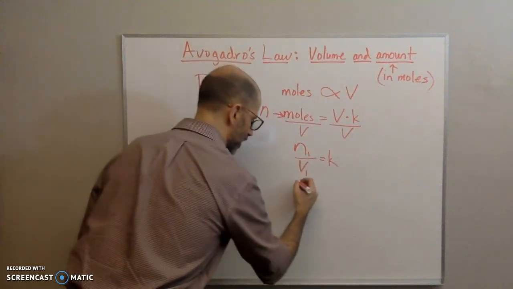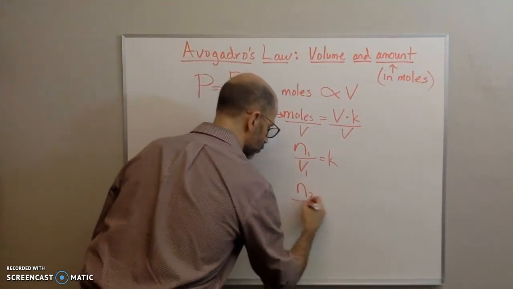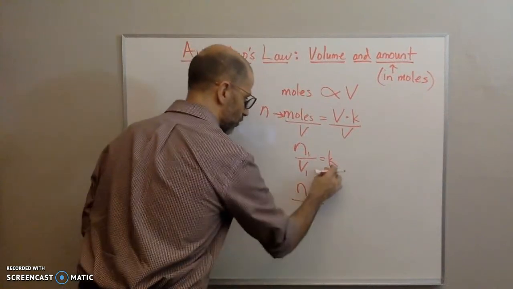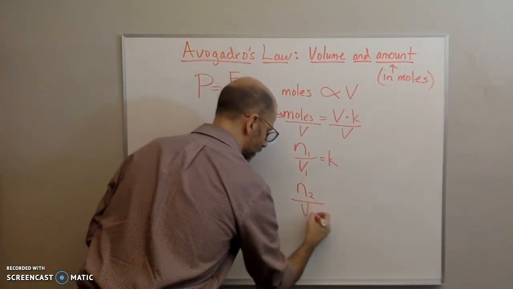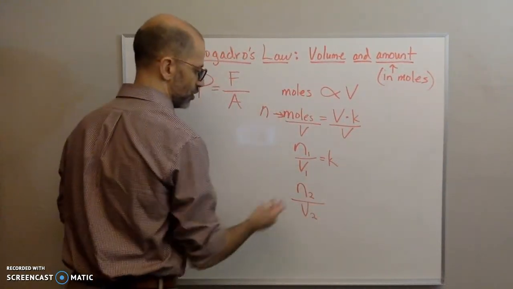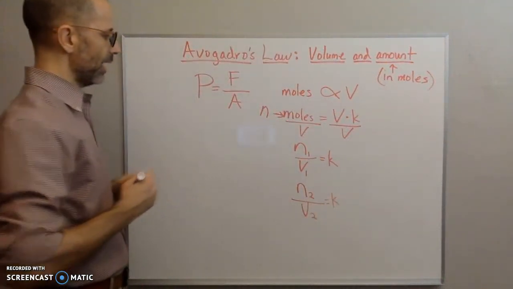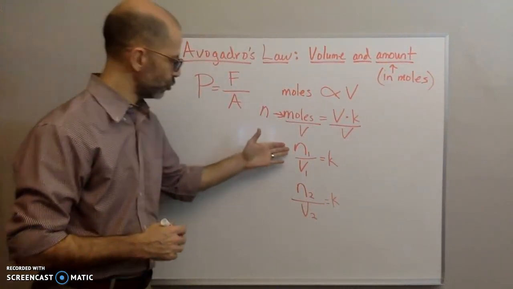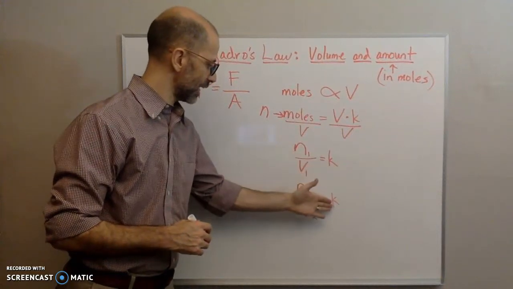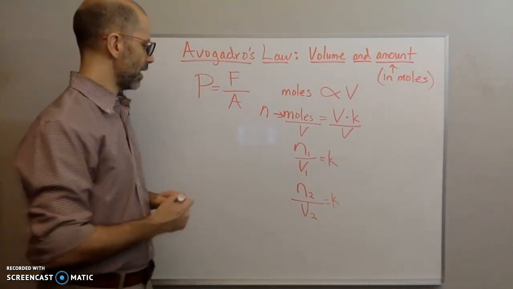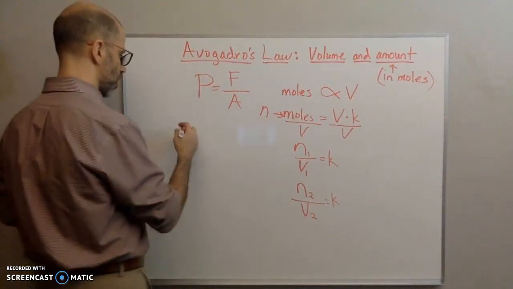So if I change N to N2, the volume is going to have to change as well to keep K the same, and that's going to be equal to K as well. And as we said before, if two things are equal to the same thing, then they have to be equal to each other. And that is Avogadro's law.